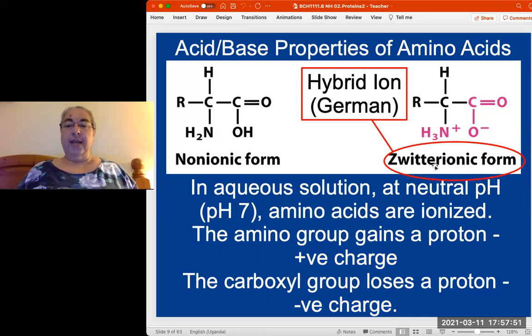It's the zwitterionic form. This strange word, zwitterion, comes from German and means hybrid ion, an ion with two different ionic states, if you like, because we've got both a negatively charged group here and a positively charged group. So this is the zwitterionic form of an amino acid, and this is the non-ionic form of an amino acid.